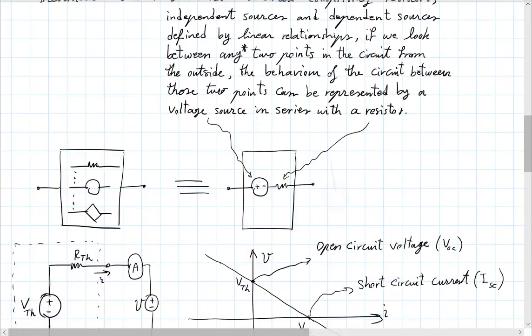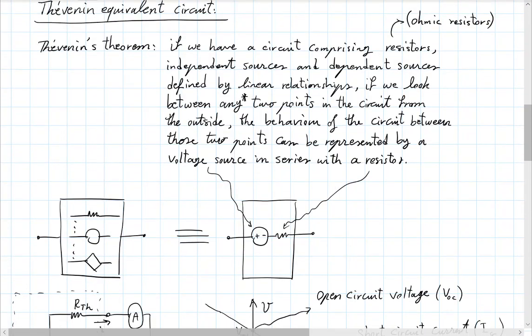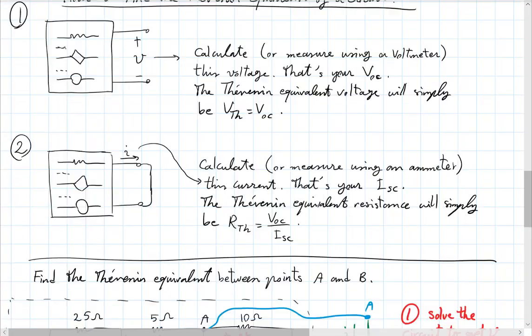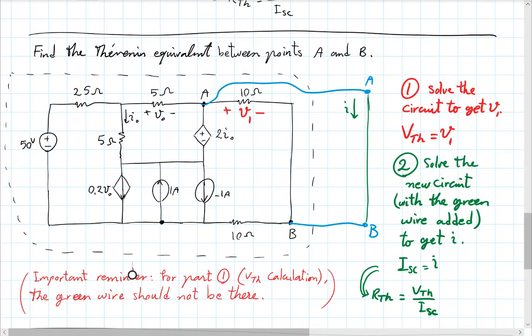The other thing is, sometimes you will see people explicitly say, as long as those 2 points are not directly connected with a wire, or they're not directly connected with a voltage source, and so on. And I prefer to think of those as special cases. For instance, let's just think of an example.